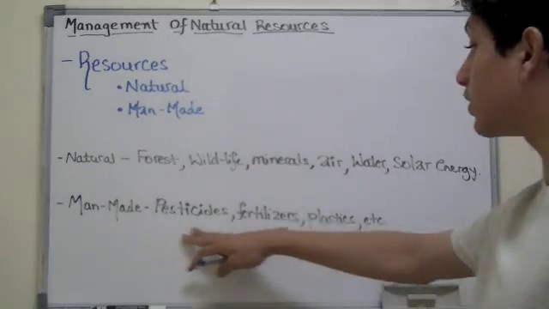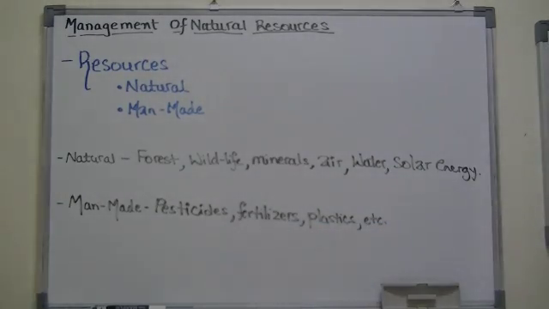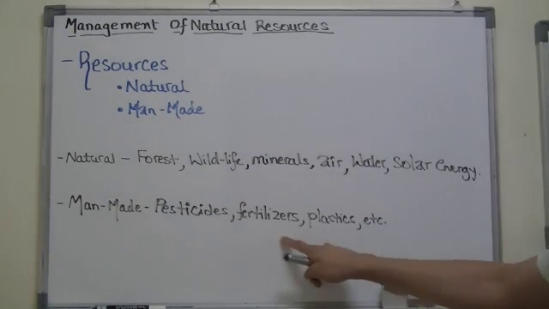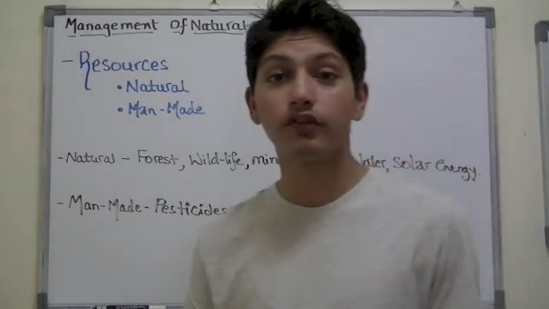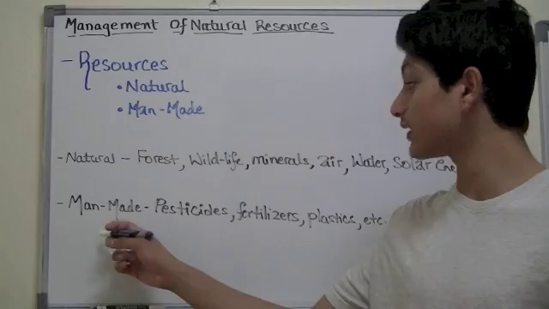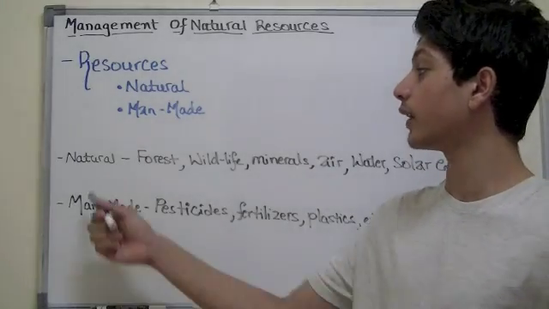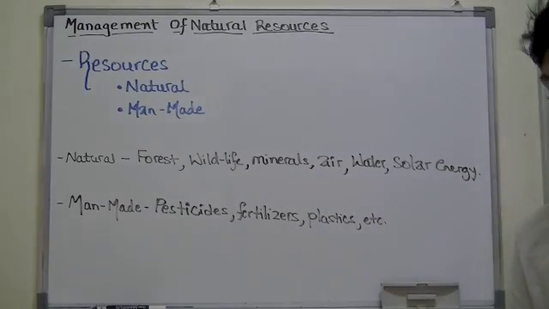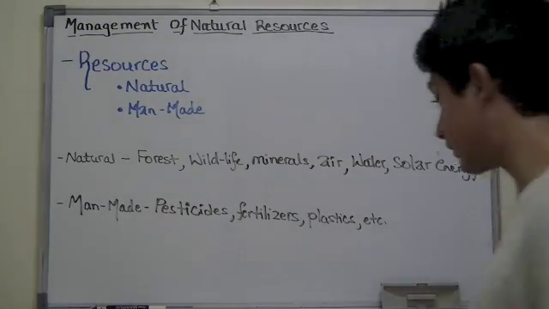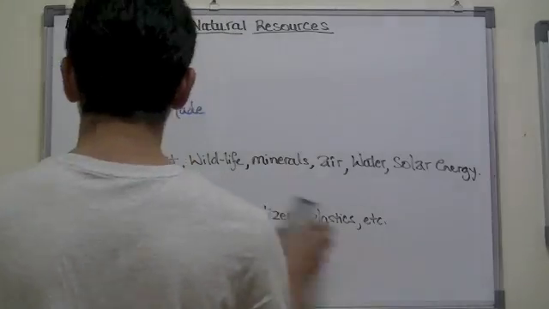Okay, so man-made resources examples are over here, and you can list more along those lines, such as pesticides, fertilizer, plastics, etc. Okay, now if you can make something, then that's man-made. If you can't make something, that's natural. Easy distribution. Now let's go ahead and understand the types of natural resources.